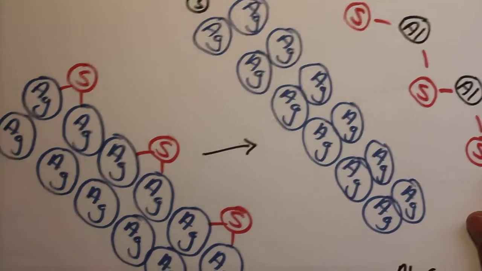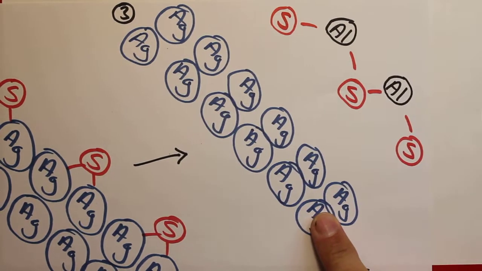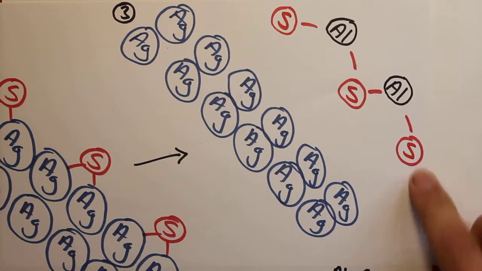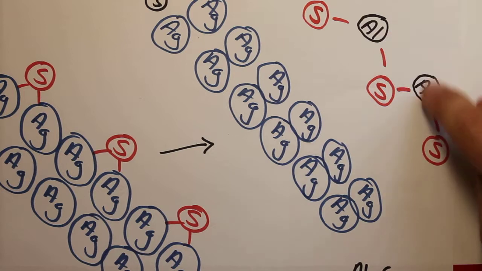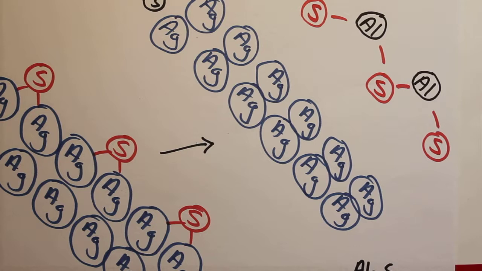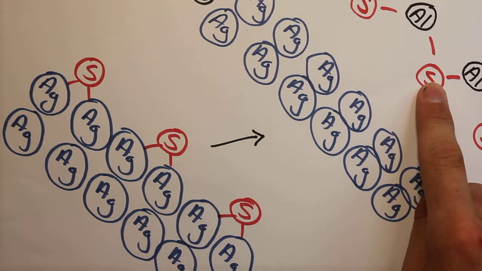So what's happening here is we're going to remove the sulfur atoms by using aluminium. So what we've got here, we've got our silver bracelet back again, and our aluminium has bound the sulfur atoms, and this is our Al2S3. 2 aluminium atoms, 3 sulfur atoms. So we can see that the loss in mass from the bracelet after cleaning it is simply because we have lost those sulfur atoms.